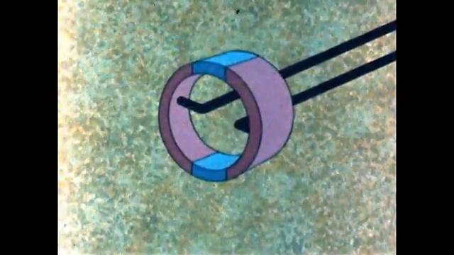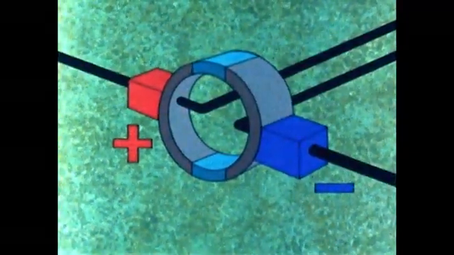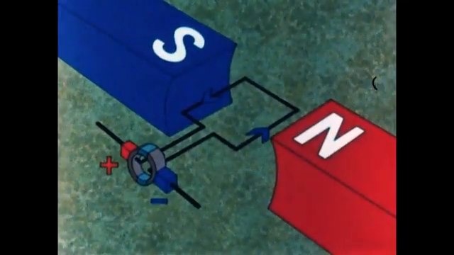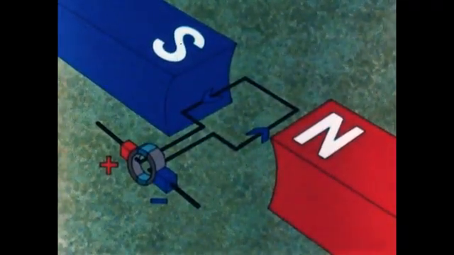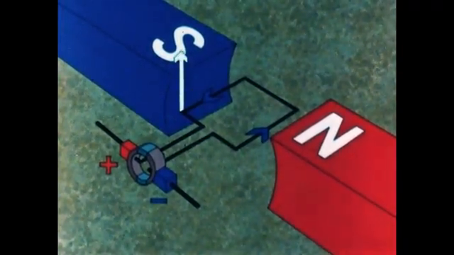This change of direction of the current can be brought about by means of a ring split into two halves and connected to the loop, and carbon blocks called brushes, carrying the current to and from the half rings. Now, in this position, the negative brush is in contact with the near side wire, and it is moving up.